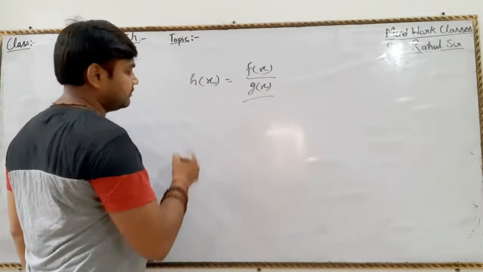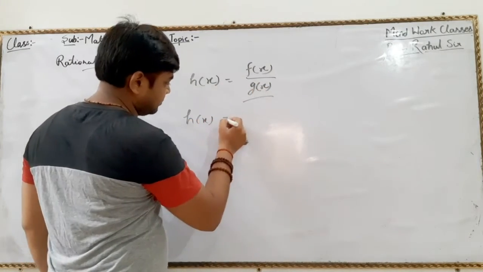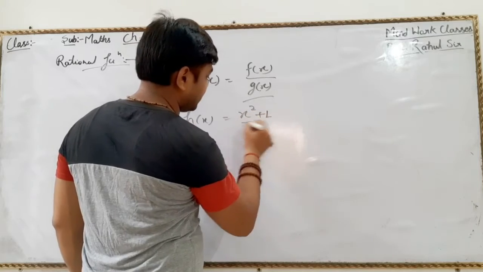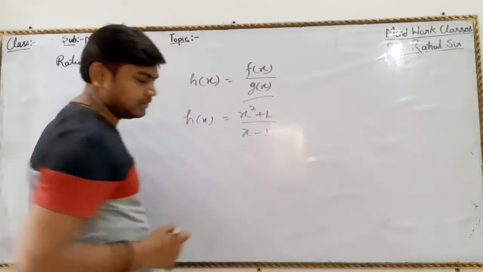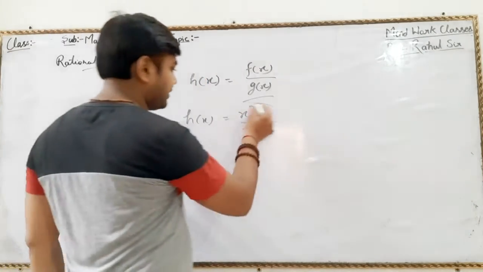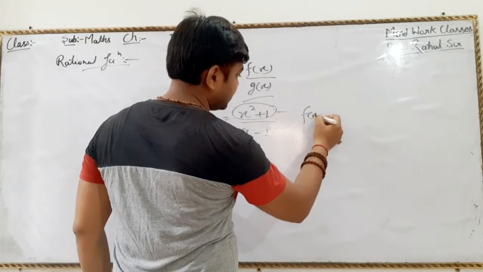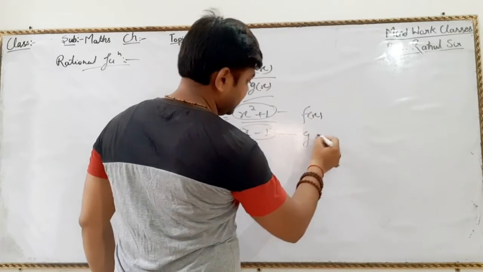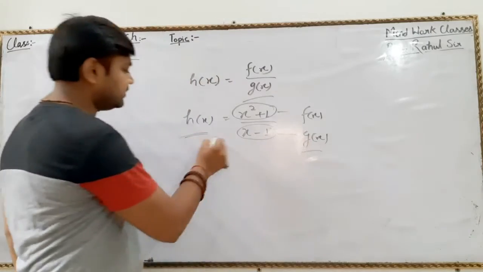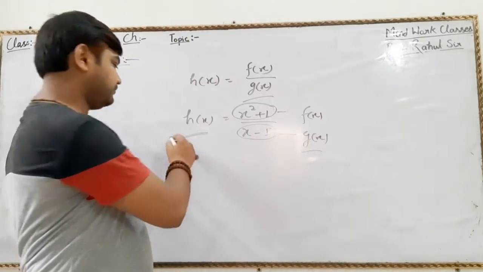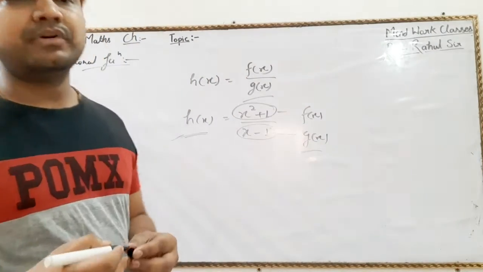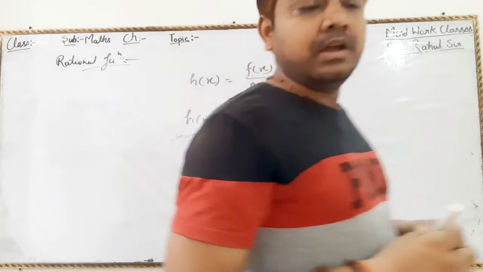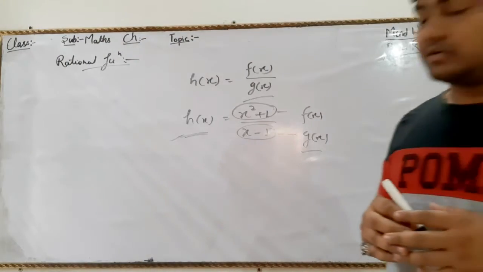That means h(x) is equal to, let us say, (x square plus 1) upon (x minus 1). So this is our f(x) and this is our g(x). So this h(x) is a function and this is in rational form.